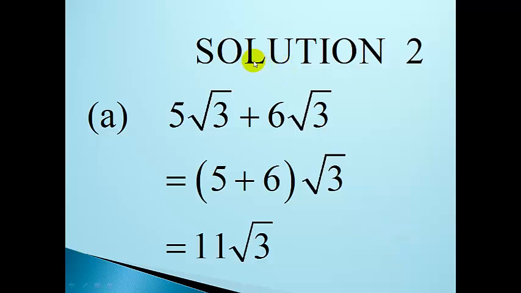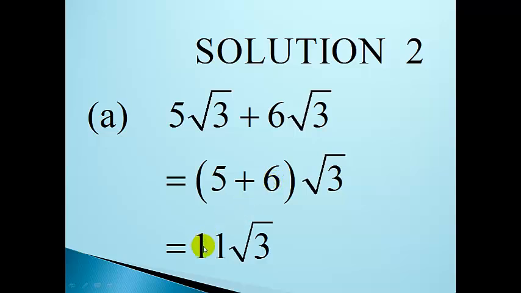Now we look at the solution. A. Given 5 root 3 plus 6 root 3, we can see here that they carry the same surd, that is root 3, and therefore we can add the coefficients, and the coefficients are 5 and 6. So 5 root 3 plus 6 root 3 is equal to 5 plus 6 root 3, and 5 plus 6 is equal to 11.